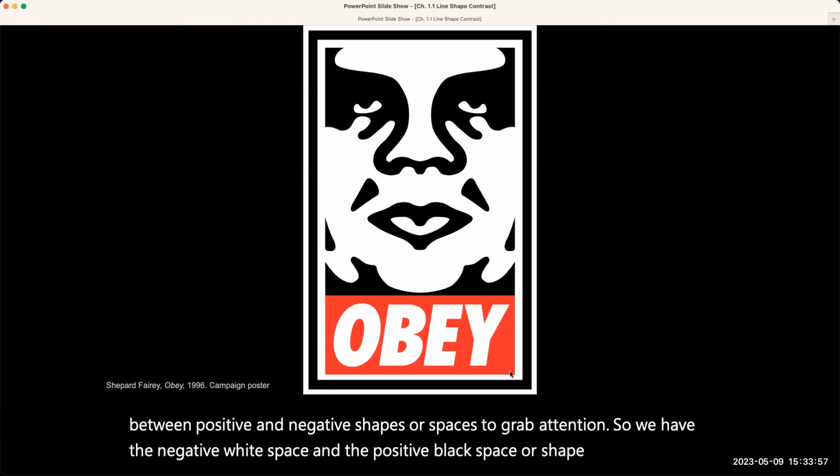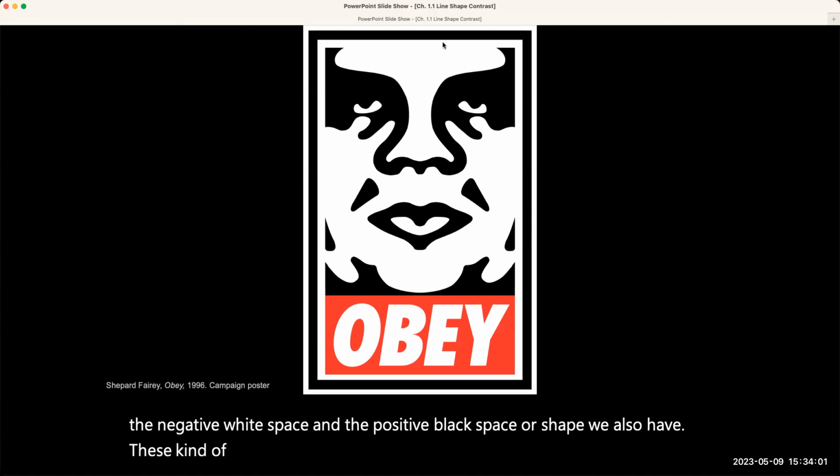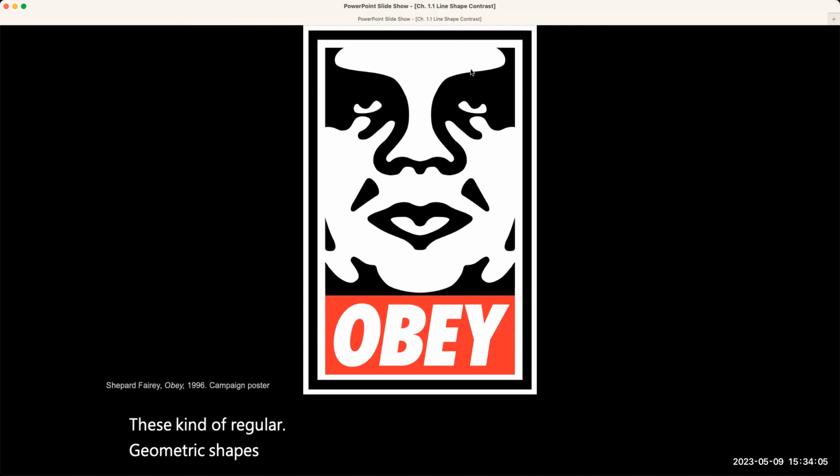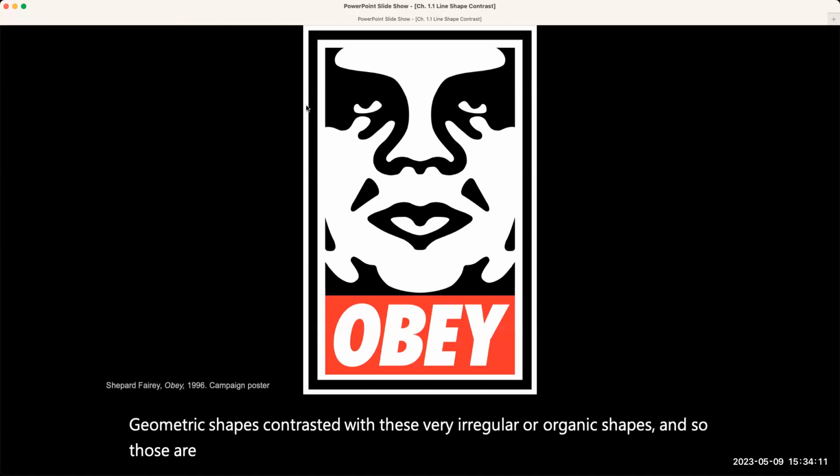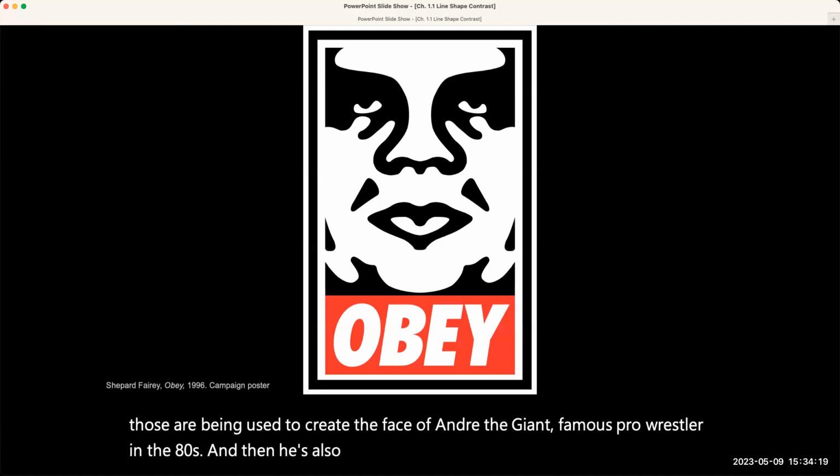We also have these regular geometric shapes contrasted with these very irregular or organic shapes. And so those are being used to create the face of Andre the Giant, a famous pro wrestler in the 80s. And then he's also incorporating colors here for additional contrast.